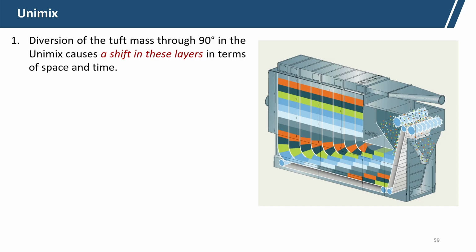So, it is going vertically downward, then 90 degrees horizontally, a diversion is there, which causes the shift of these layers in terms of space and time. So, this shifting is actually taking place, and this results in a long term blending, okay.